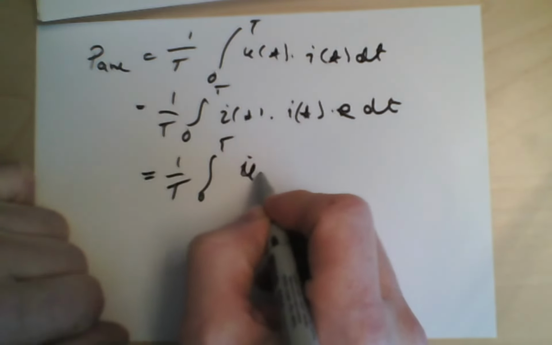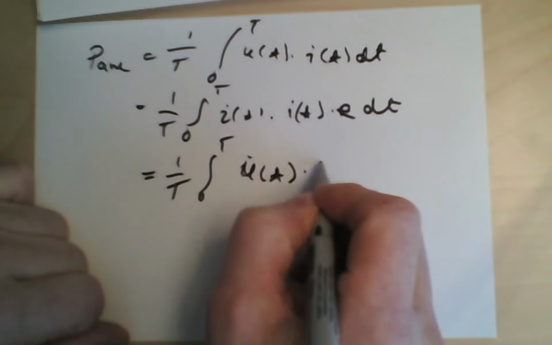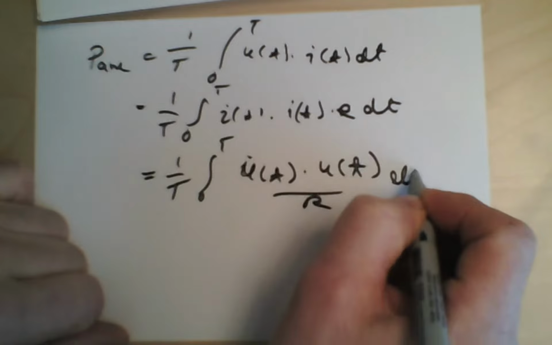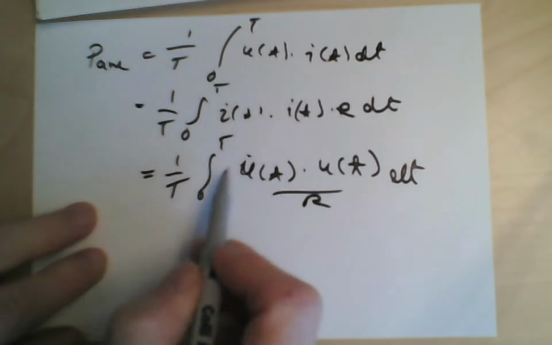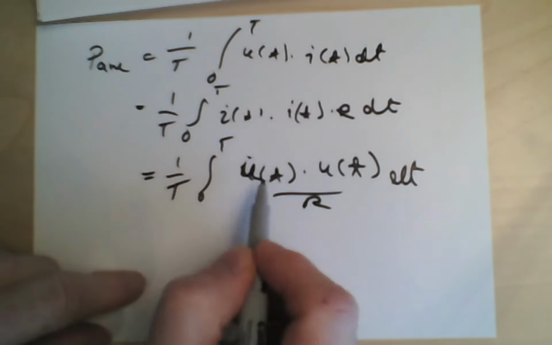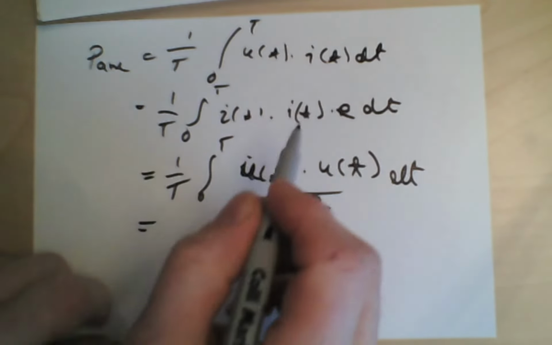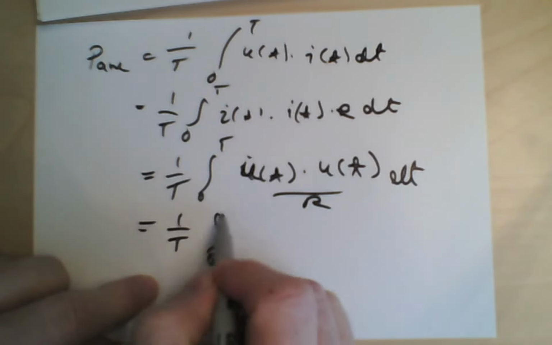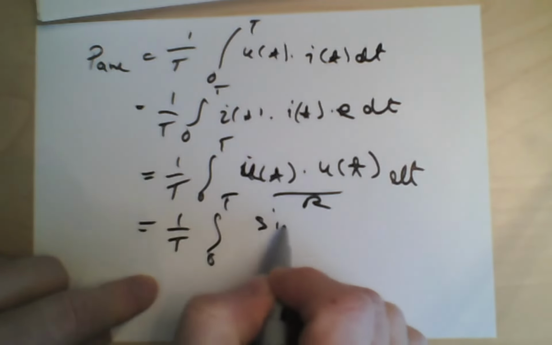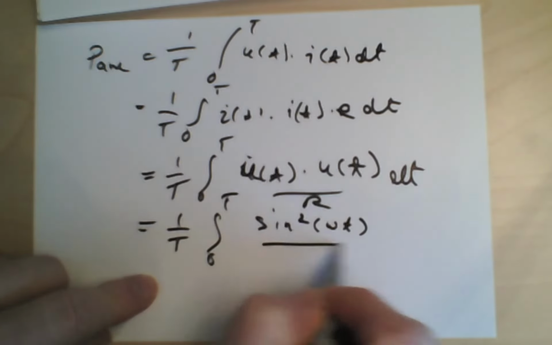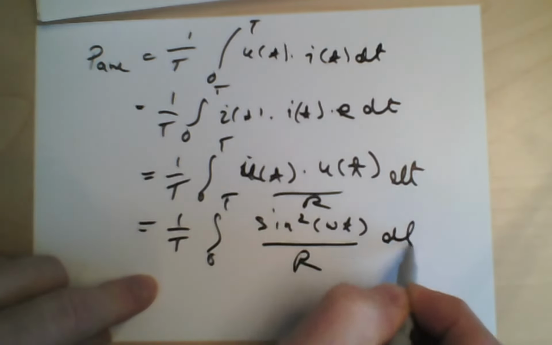But anyways, this is also the same as the integral from 0 to T of u(t) times u(t) divided by R dt, the same stuff. You have that kind of formula, and then having a sinusoid here, sine squared omega t divided by R dt.